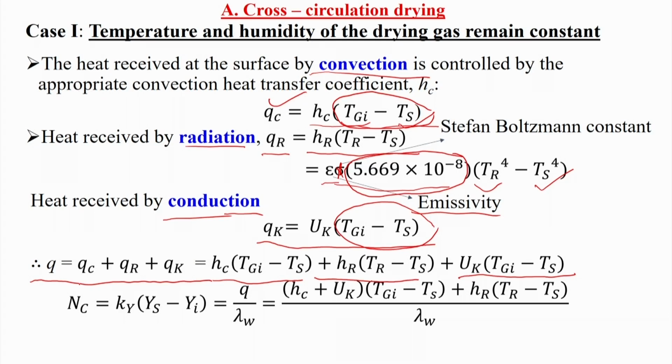We have already derived Nc is equal to Ky into (Ys minus Yi), which is nothing but Q by lambda W, the latent heat of vaporization of water. Since Tgi minus Ts is the driving force for both convection and conduction, this gives (Hc plus Uk) into (Tgi minus Ts) plus Hr into (Tr minus Ts), divided by lambda W.